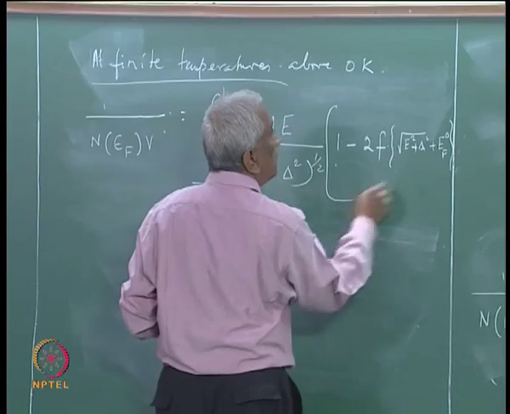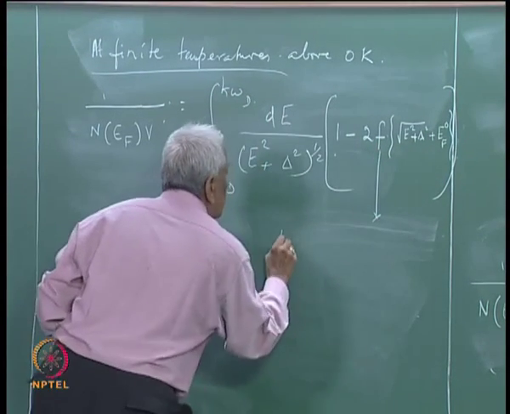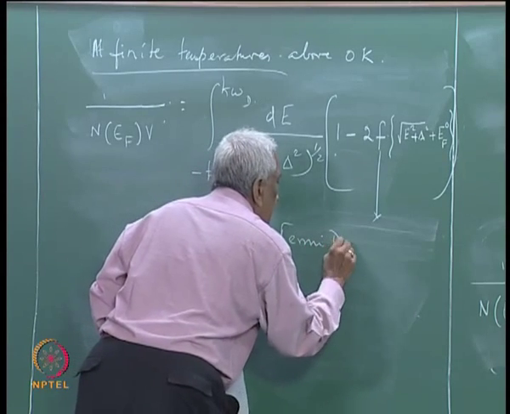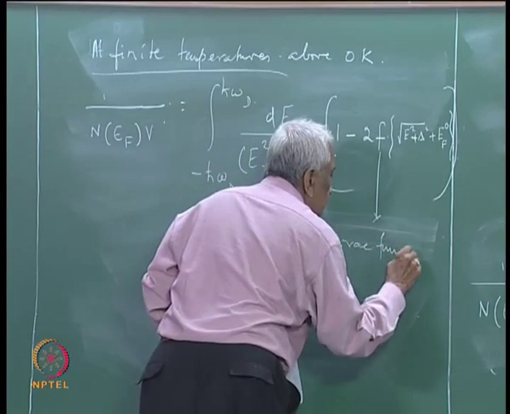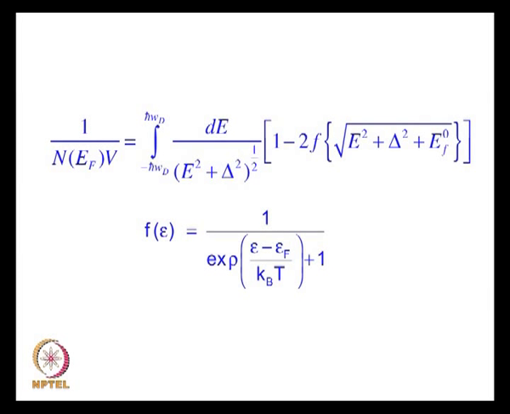f is the Fermi Dirac function, well known to us from the conduction electron theory, and f of E is 1 by exponential of E minus E f by k B T plus 1, and the Fermi Dirac function describes the probability of occupation of an energy state of energy E by an electron, and the factor 2 in front of f of this function is because we have a pair.